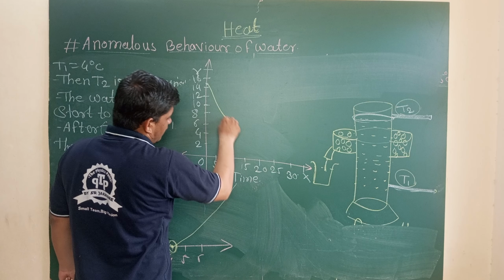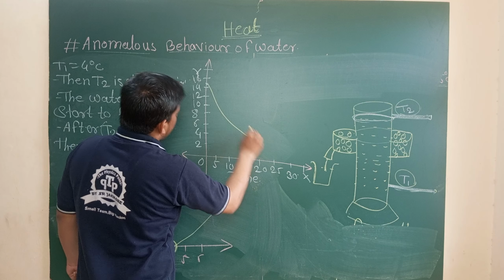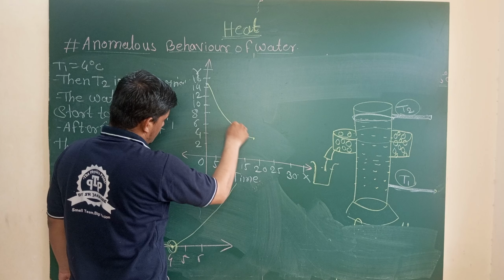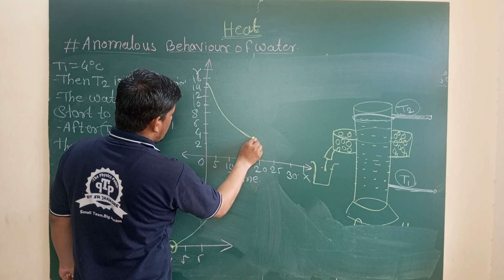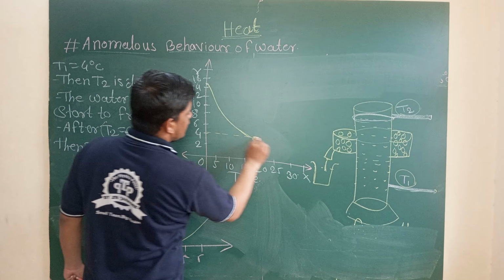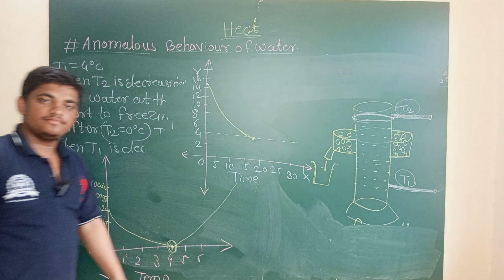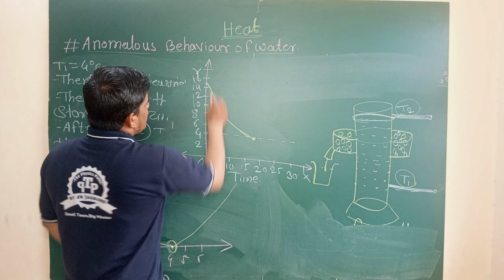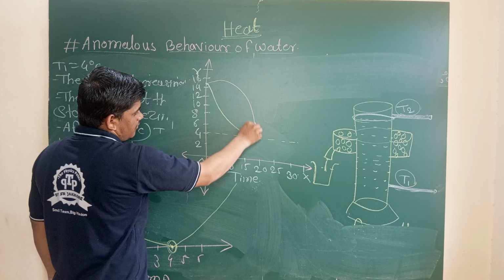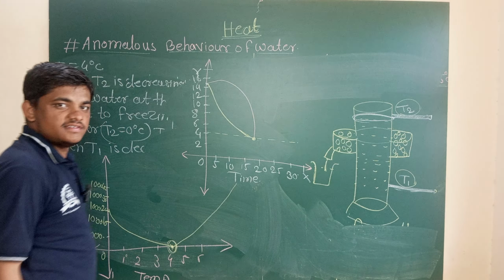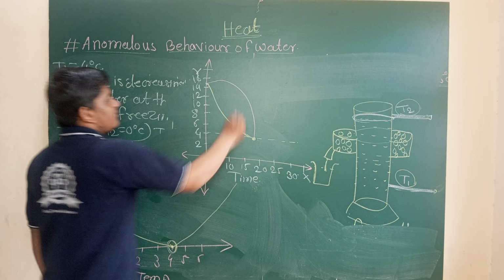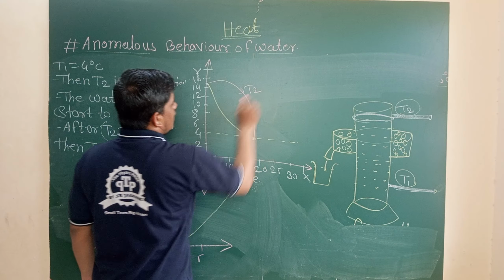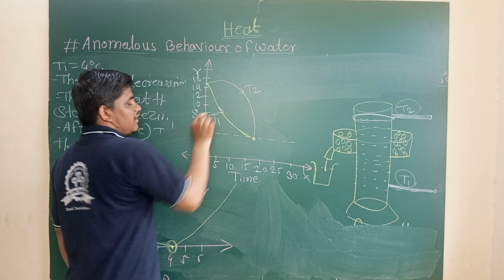Up to 4 degrees Celsius, T1 reduces more quickly, and T2 reduces slowly. This is for T2 and this is for T1.